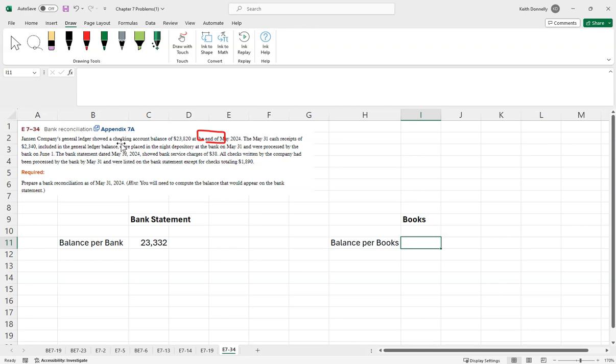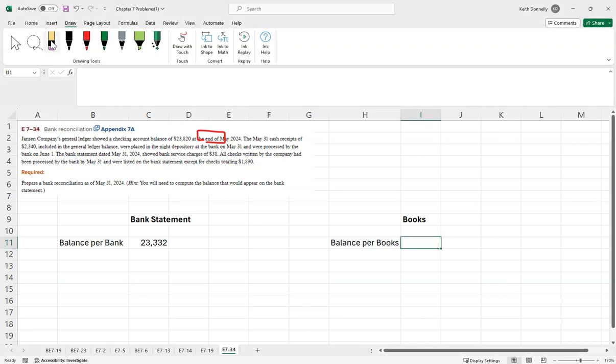General ledger showed a checking account balance of 23,820, and then the cash receipts, the bank statement dated May 31st, 1890. Where are we getting these numbers from here? Give me a second. Let me look at this.